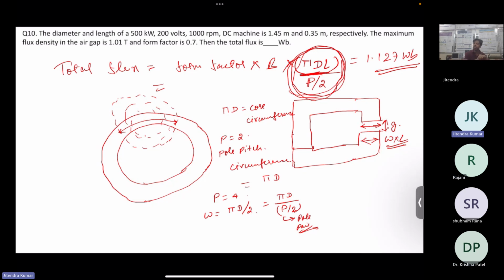So area is equal to pi D L by P by 2, P by 2 being the pole pair. Armature drop is given at full load.